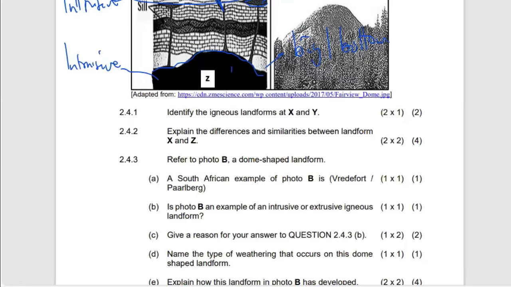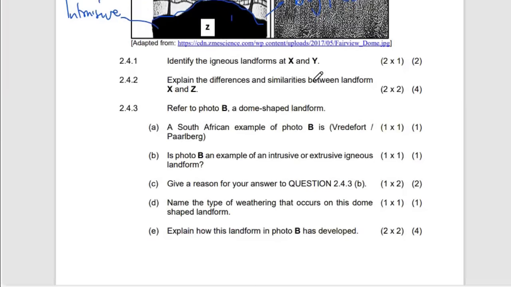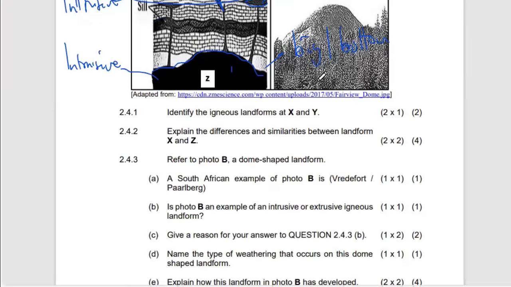That is how they are similar to each other. But in terms of their differences, they are different in terms of size. The batholith is very big. It's the biggest of all intrusive features. And the laccolith is relatively smaller. And also the batholith forms at the bottom, and the laccolith forms in between the rock layers.